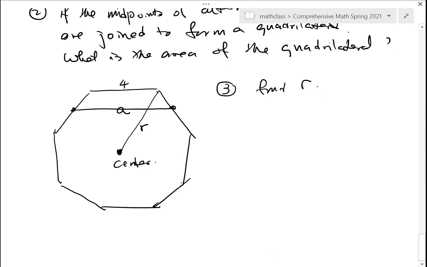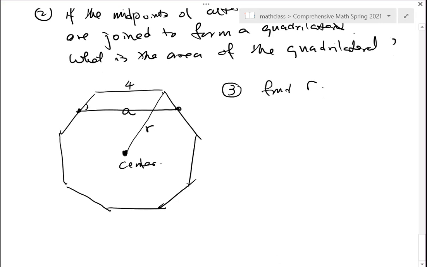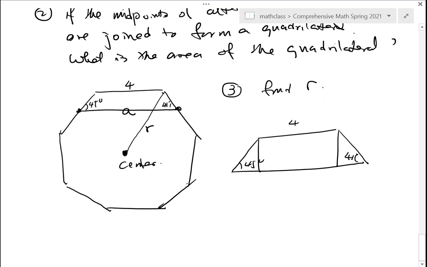So the idea is that this is 45 degrees. This is 45 degrees. So let's take a look at this piece. 45 degrees, 45 degrees. So this is a 4, right? And this is a 2, right? So you can tell what is H here, okay?